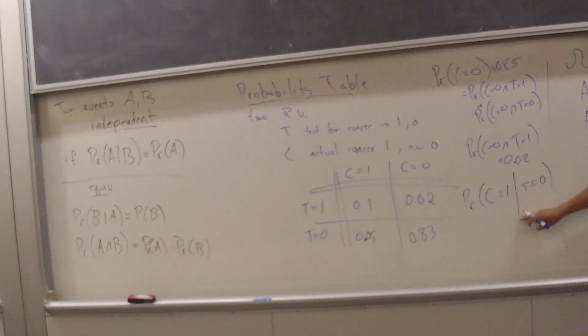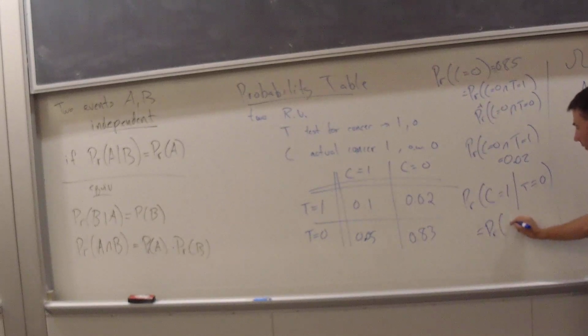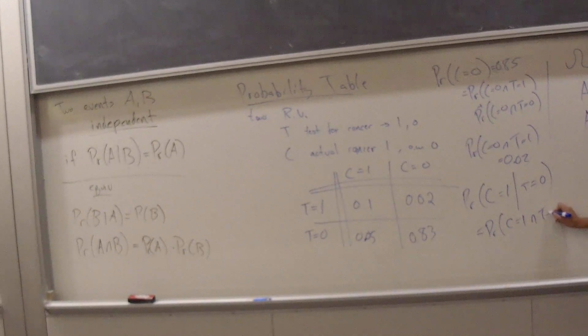It's the conditional probability. So now I need to write out the probability that I have cancer and the test says I don't have cancer, divided by the probability that the test says I don't have cancer.